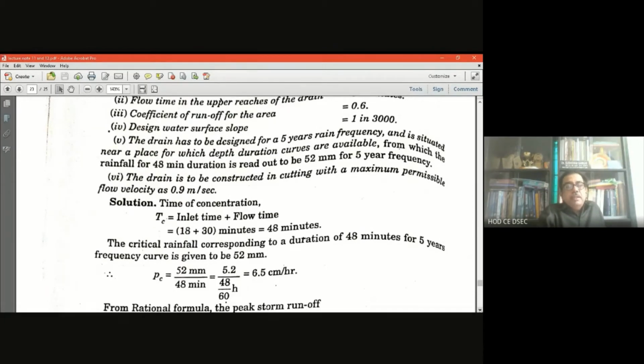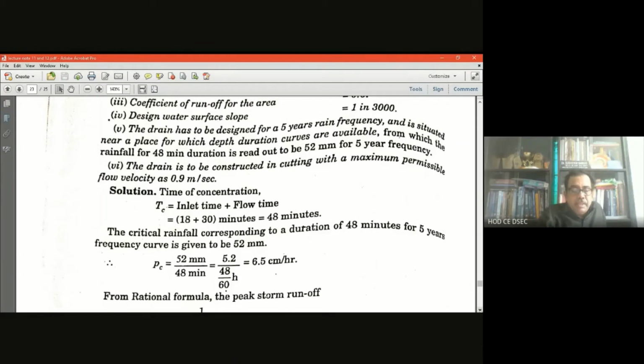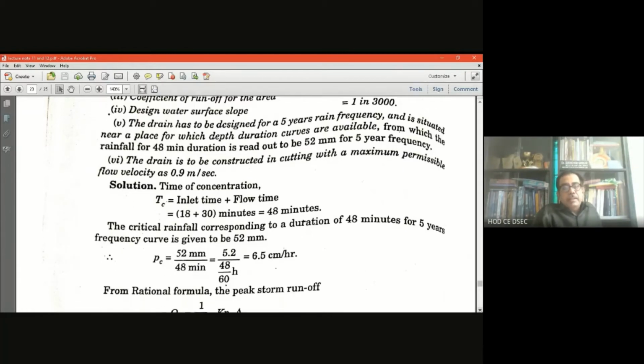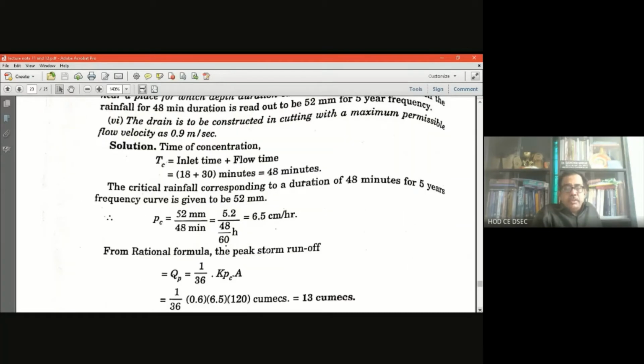You have to take the precipitation as 52 millimeter, and to get the intensity in centimeter per hour, you convert 52 millimeter divided by 48 minutes, and you get the intensity as 6.5 centimeter per hour.